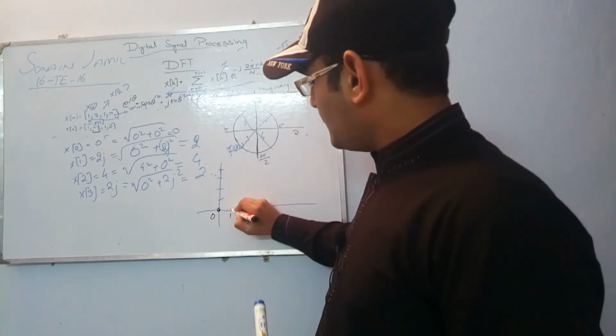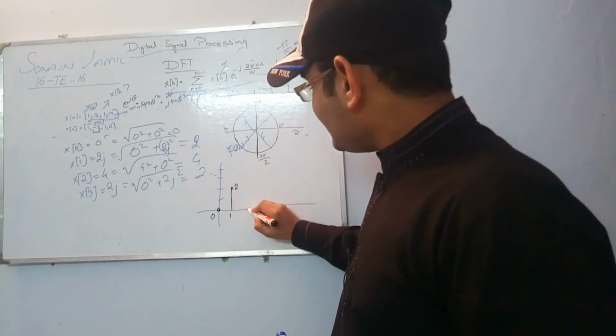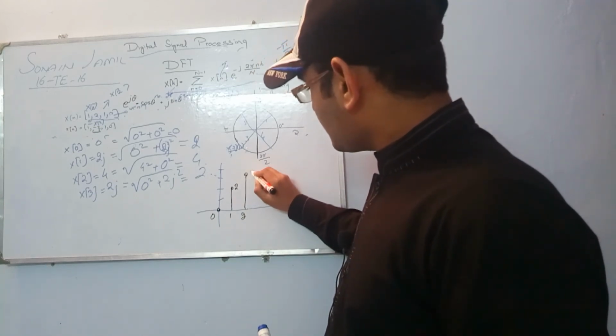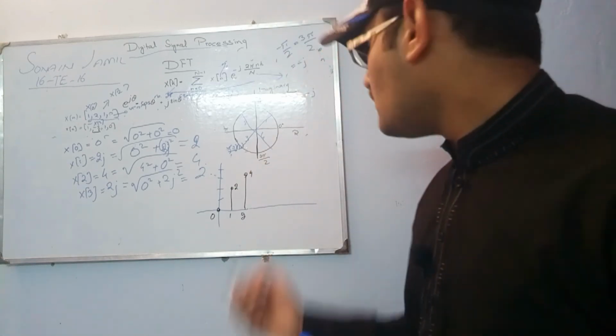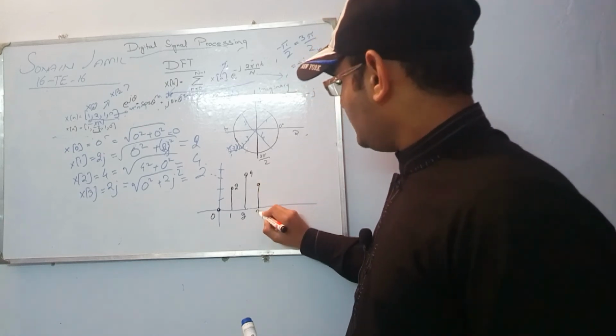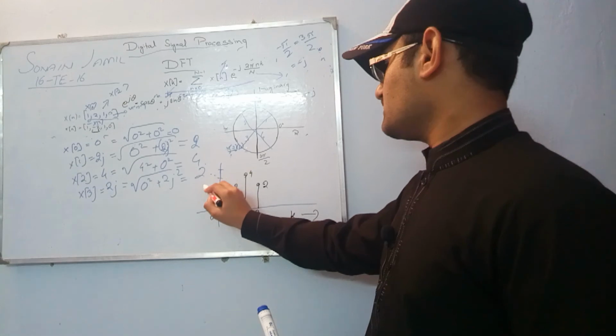When k is equal to 1, its magnitude is 2. When k is equal to 2, its magnitude is 4. When k is equal to 3, its magnitude is 2. So this is k, this is magnitude.